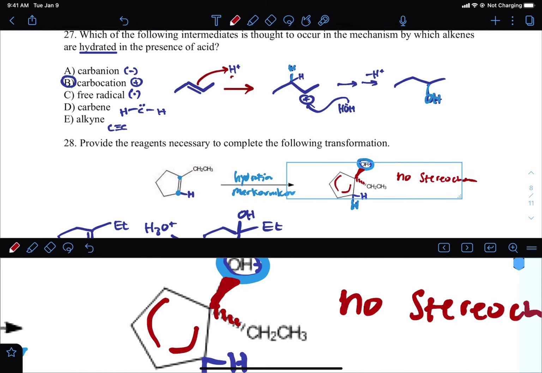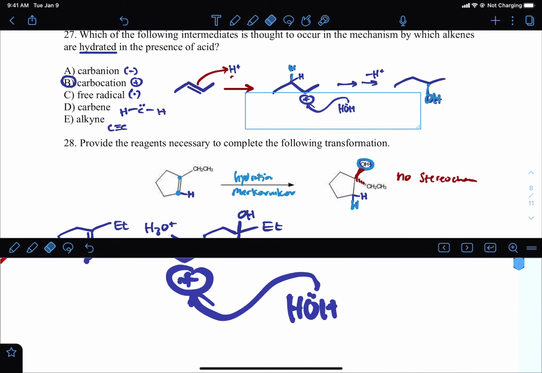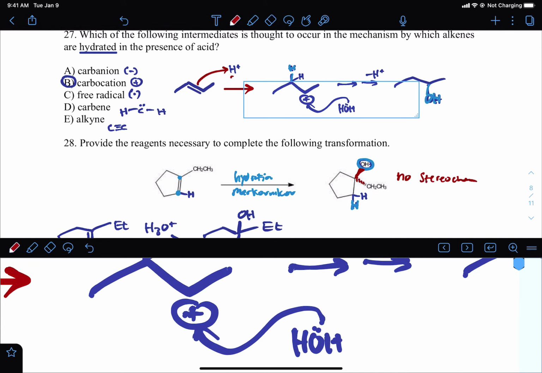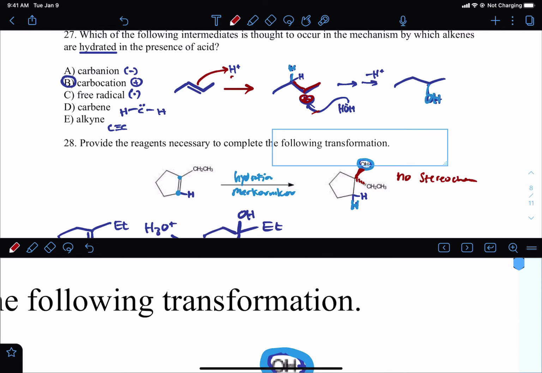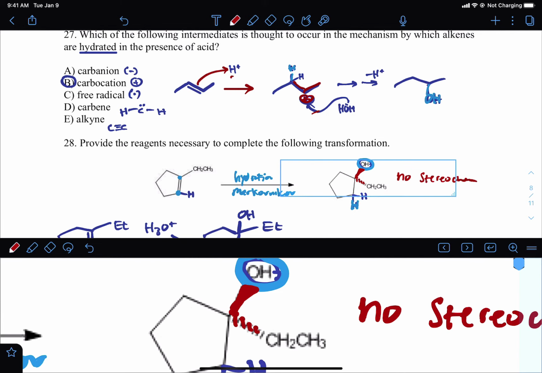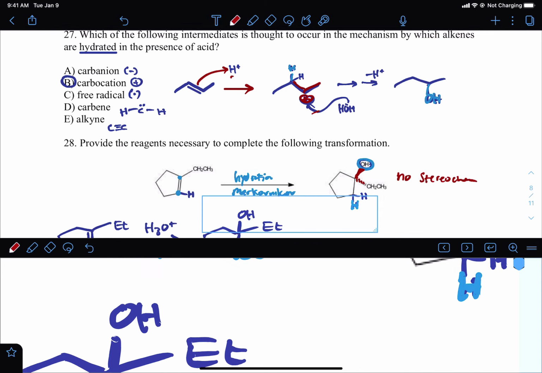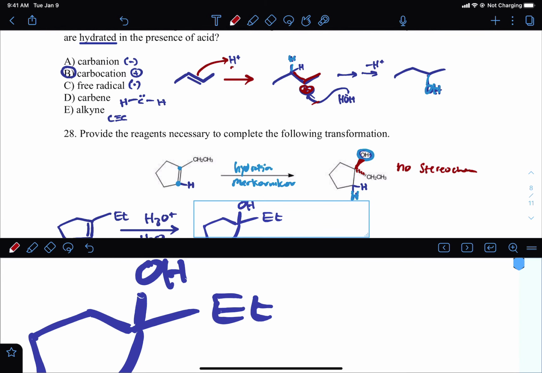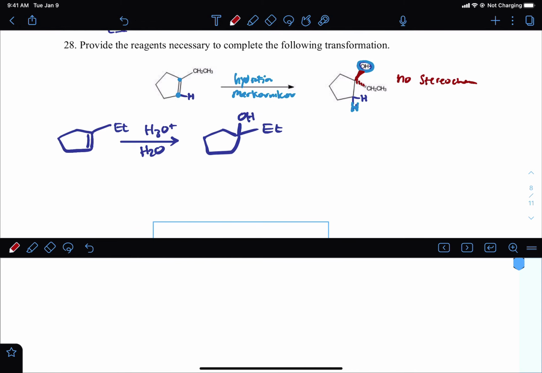And in fact, remember the carbocation is planar. This is a planar carbon, so the water can add from the top or the bottom, either way. So don't worry about which one is wedged or which one is dashed. Just understand that one of them needs to be wedged, one of them needs to be dashed. So that's one way to do it, is just acid and water.